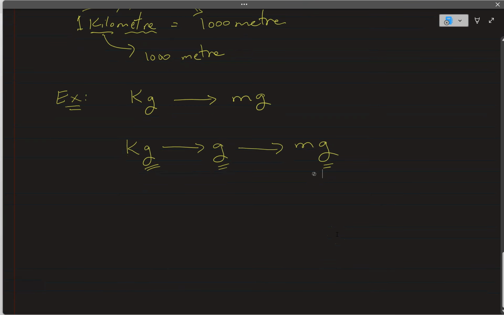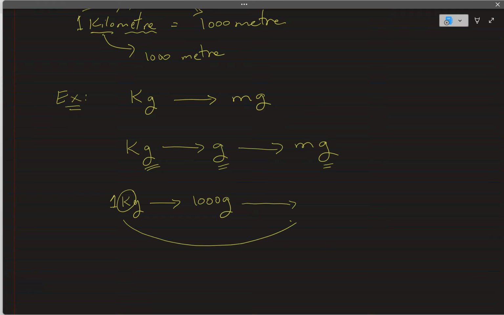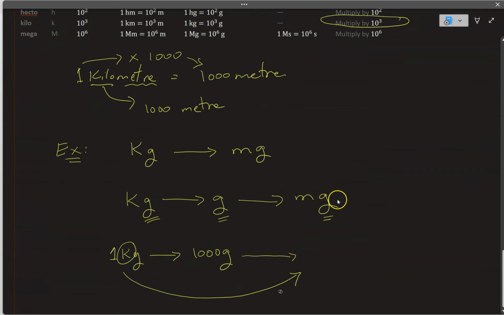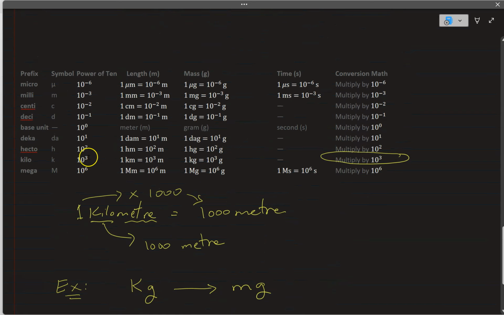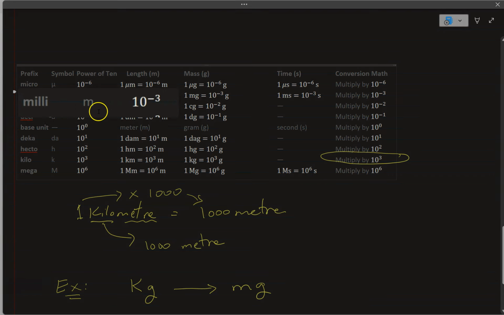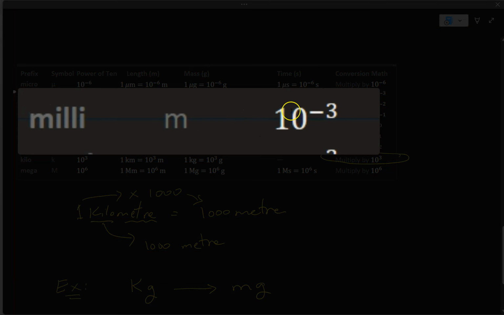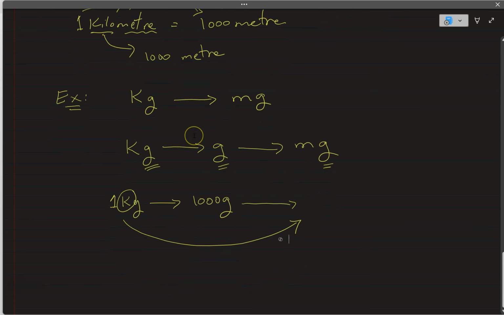So 1 kilogram is 1000 grams because kilo means 1000. Now you can go directly from kilogram to milligram using milli, which is 10 to the negative 3, or you're multiplying by 1000 again.